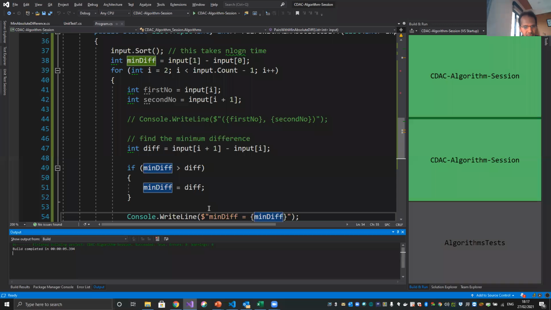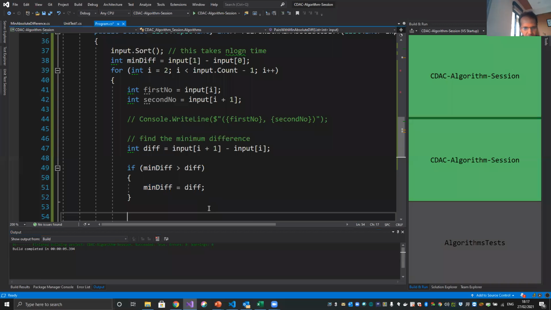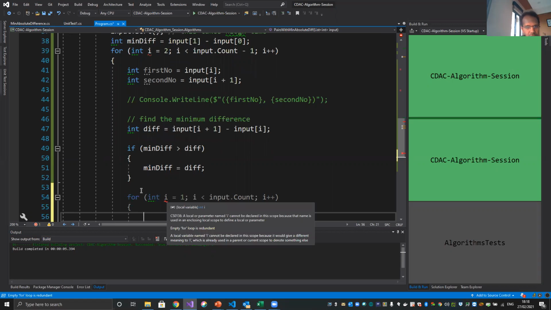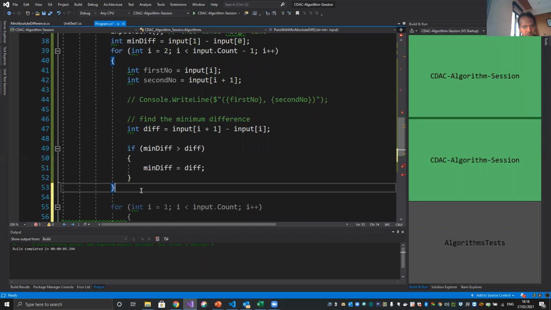And now it's a very simple job. We sort of iterate over this list again, this time going from 1. And we say I less than input dot count, and I say I plus plus. Sorry, we should finish this for.